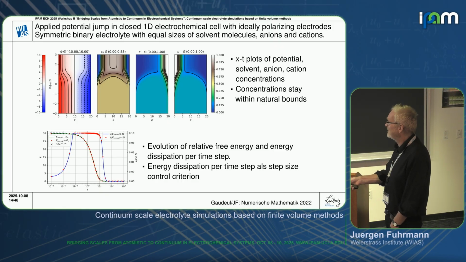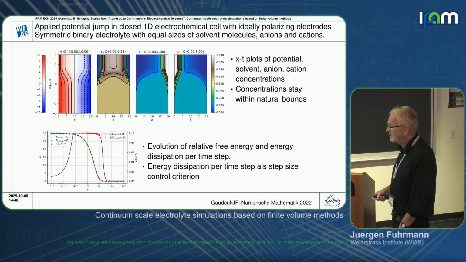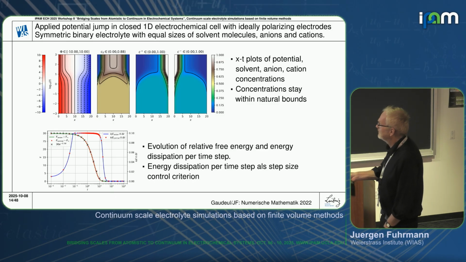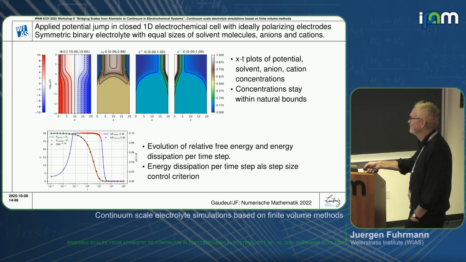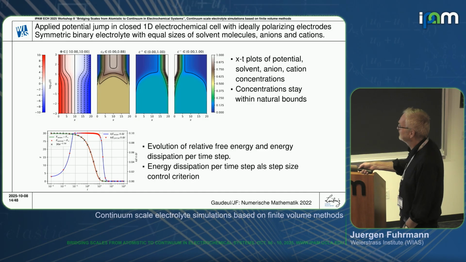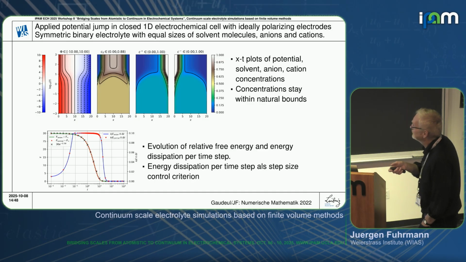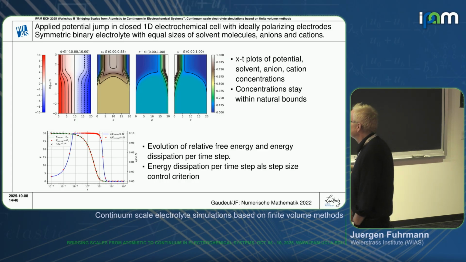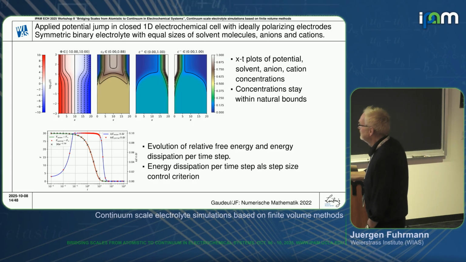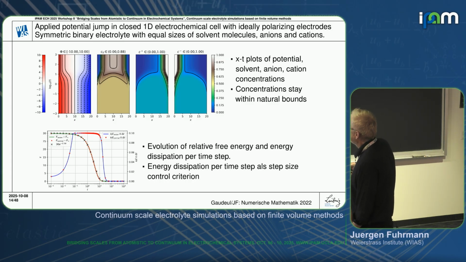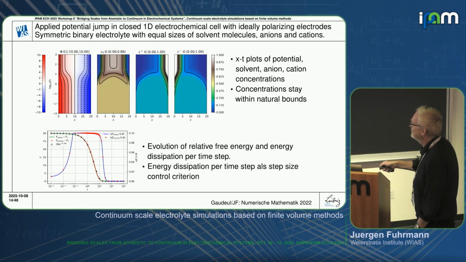This is once again a one-dimensional problem, the symmetric cell, where in the one-dimensional domain we apply fixed voltages at time equal to 0. And we assume that we have constant positive and negative ion concentrations, and correspondingly, from the compressibility condition, this gives rise also to a concentration of the solvent. And then we let the time evolution go, and we get a redistribution of the ions.